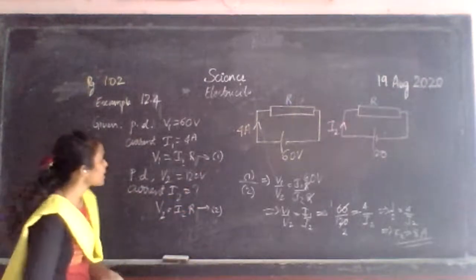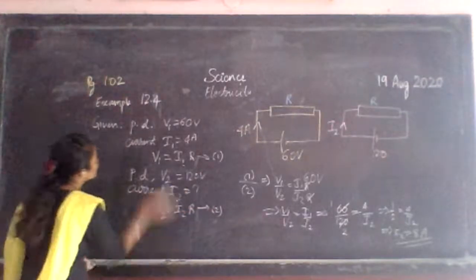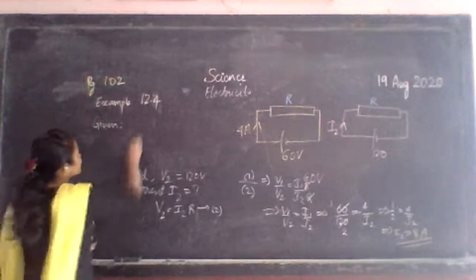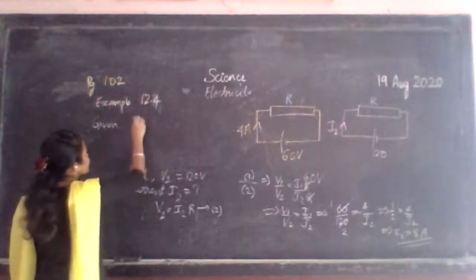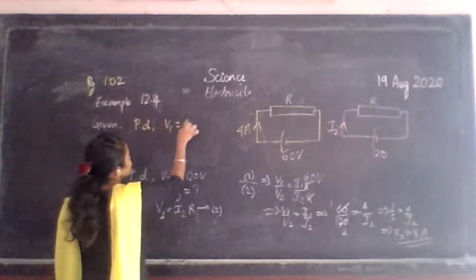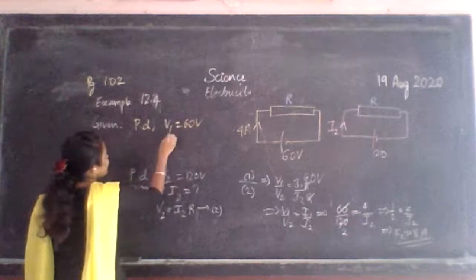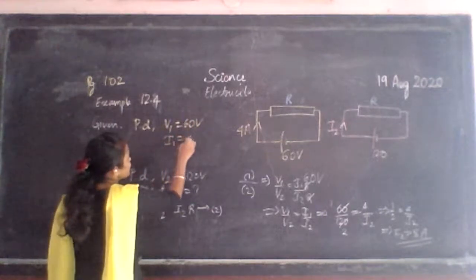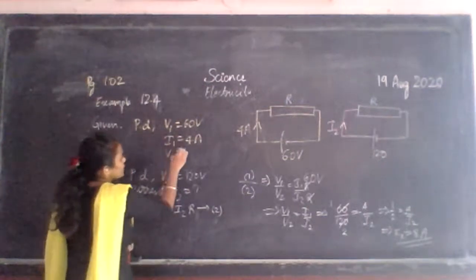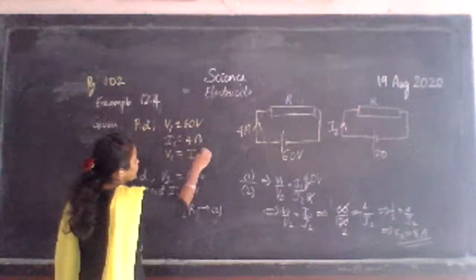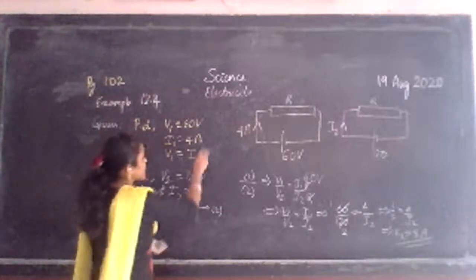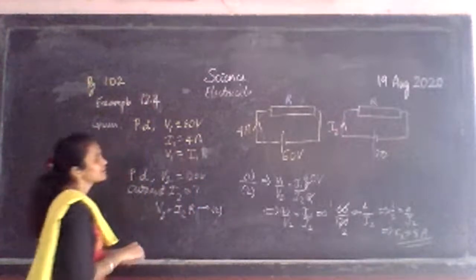So what happened? Firstly, potential difference V1 is equal to 60 volts and current I1 is equal to 4 ampere. Therefore, according to Ohm's law, V1 is equal to I1 into R, and R is the same, so R will be constant.